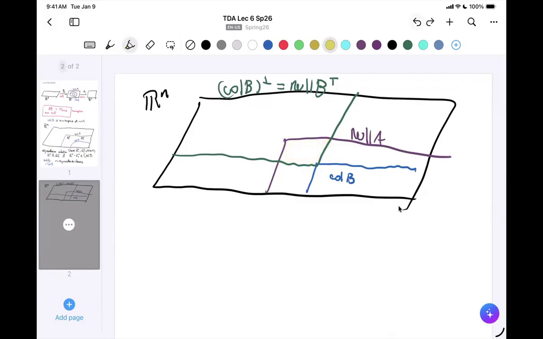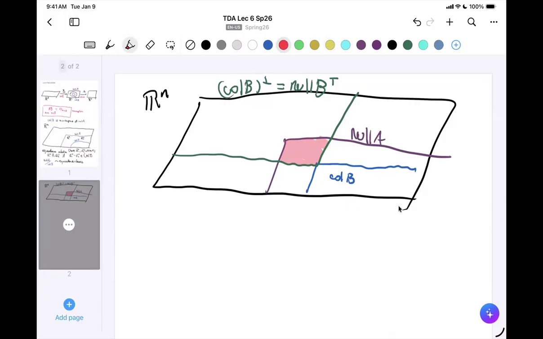Let me use red, because that one I can write. This region that I'm coloring in red is in the null space, but it's also in the orthogonal complement to the column space.